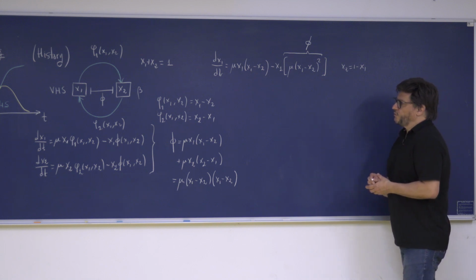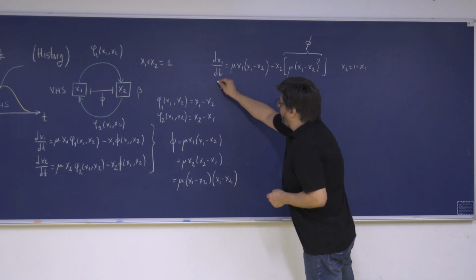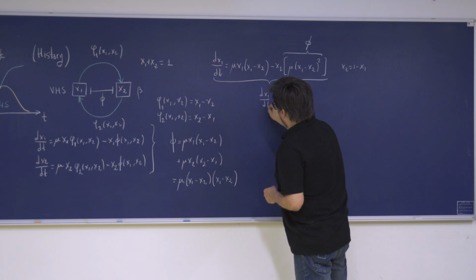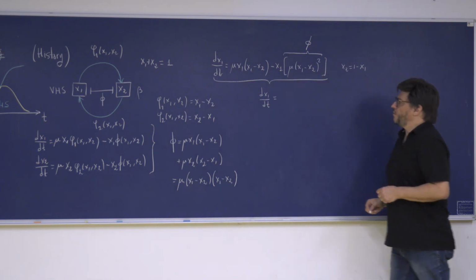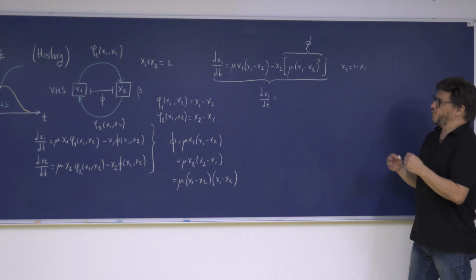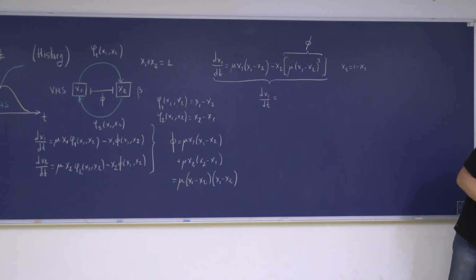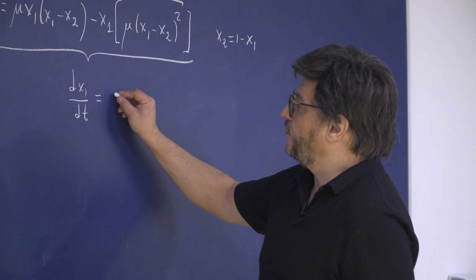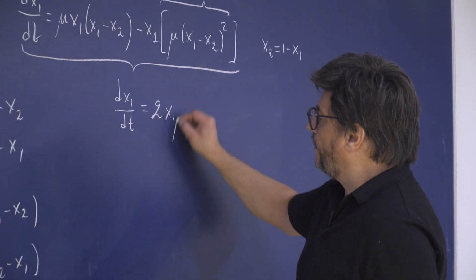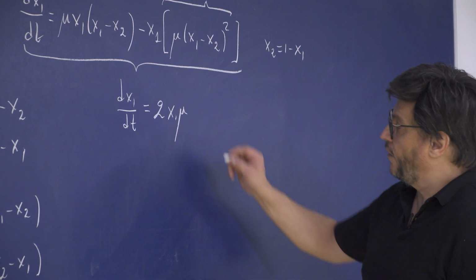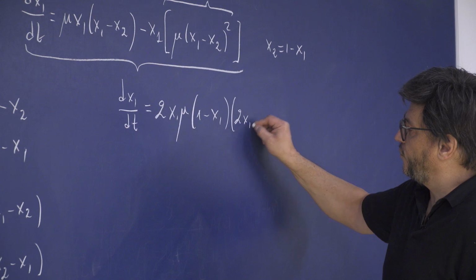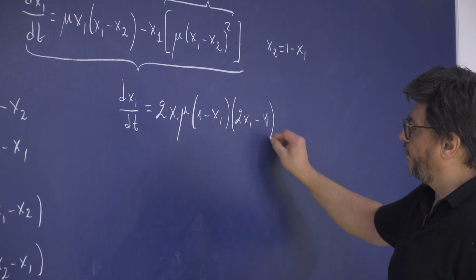So as an exercise for you, you do it, okay? And this differential equation, all right, turns out to be written in a compact form as follows. If I'm not wrong, it's going to be 2x1 mu 1 minus x1 and 2x1 minus 1.